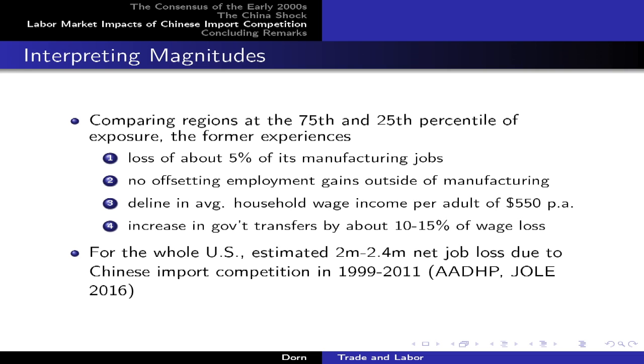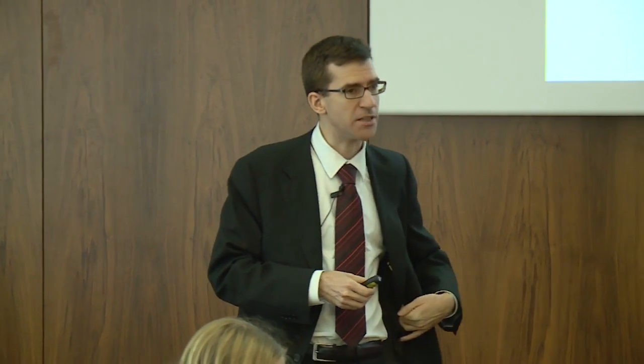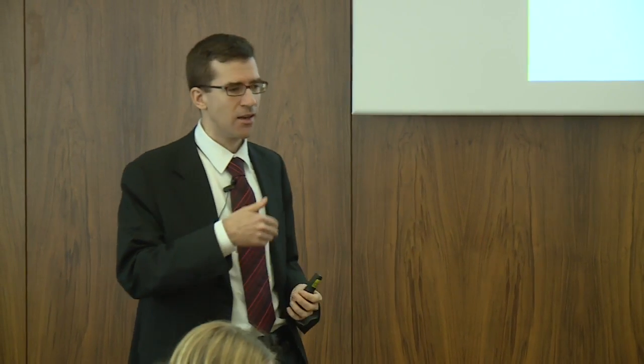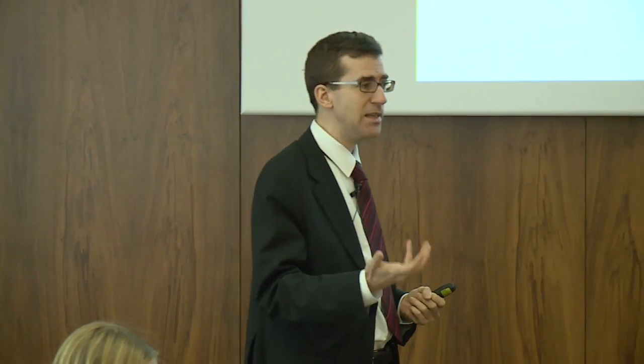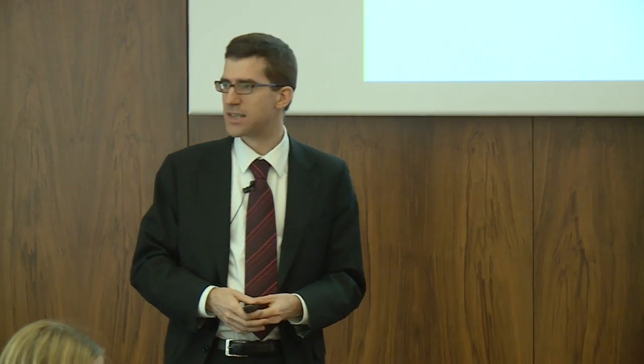And another would be a location at the 25th percentile that is less exposed than 3/4 of the rest of the country. If we do that comparison, we find that the more exposed location will have lost about an additional 5% of its manufacturing jobs. There will have been relatively little or no compensating employment gains outside of manufacturing.